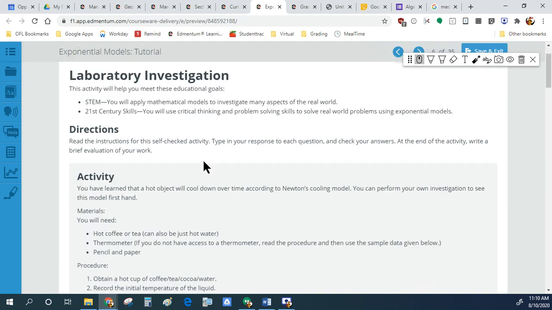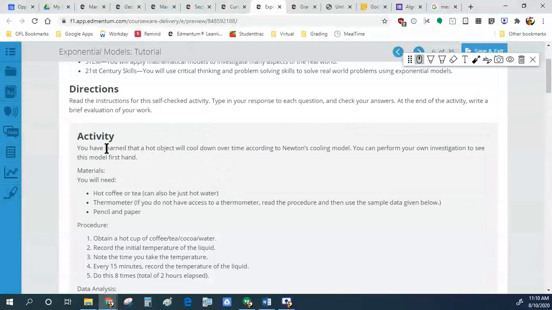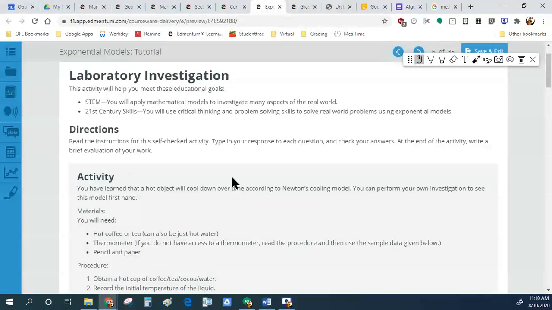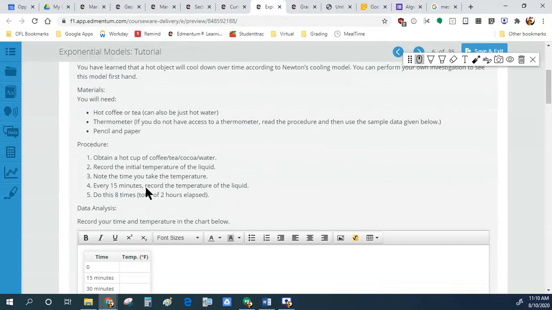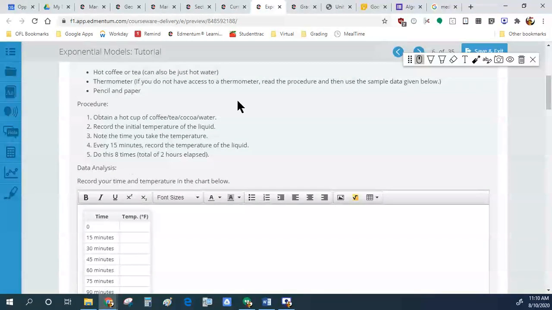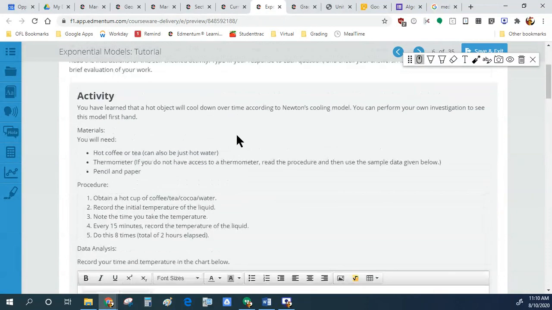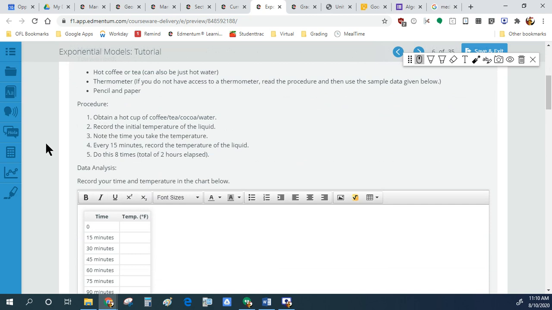Looking at this, we're talking about cooling down coffee, not messing with chemicals. We're going to obtain a hot cup of coffee.